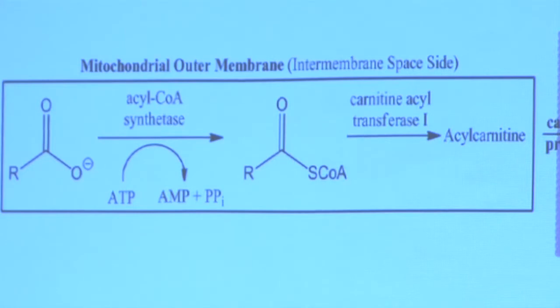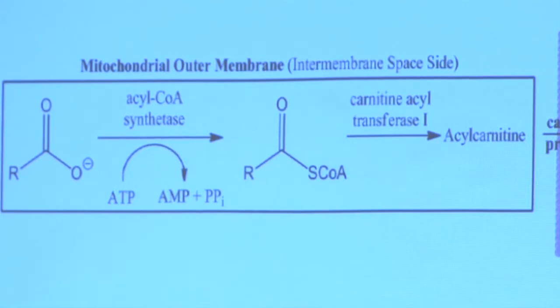And it's really the equivalent of 2 ATPs. And so for accounting purposes, from here on out, we're just going to say it's 2 ATPs, even though it's not actually going from 2 ATPs to 2 ATPs, but it's the equivalent of using up 2 ATPs. So the activation process for beta oxidation, as we'll see, is going to cost 2 ATPs.